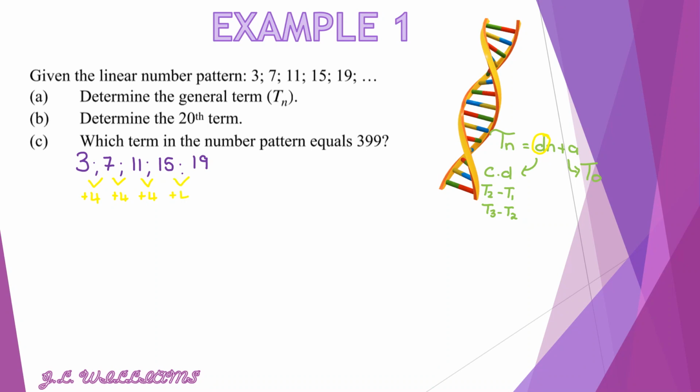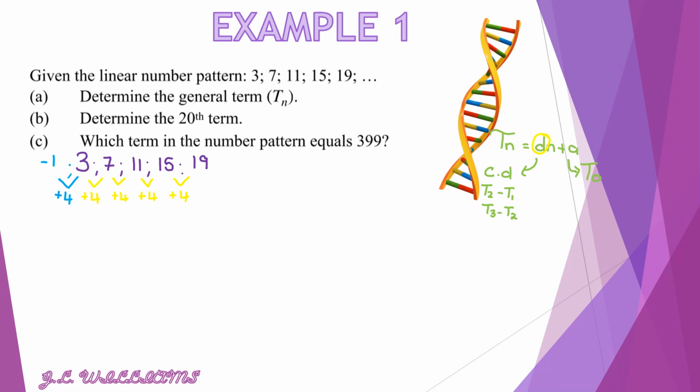But now we need to figure out what is our term 0. So our term 0 will be over here. As opposed to adding 4, for us to get the term before 3, we need to subtract 4, and 3 minus 4 is minus 1. It works out because when we say minus 1 plus the 4, we get our first term, which is 3.